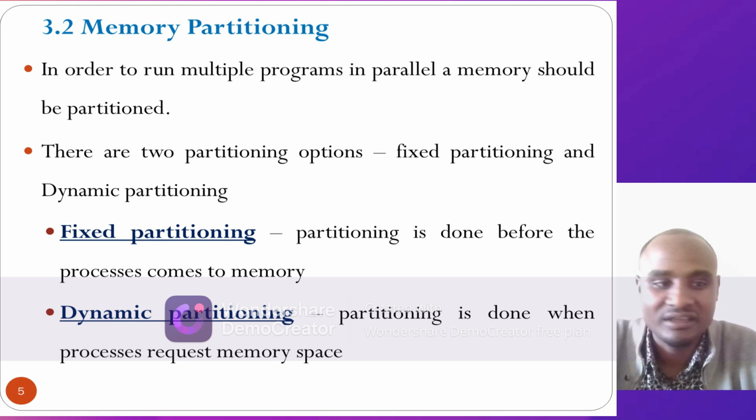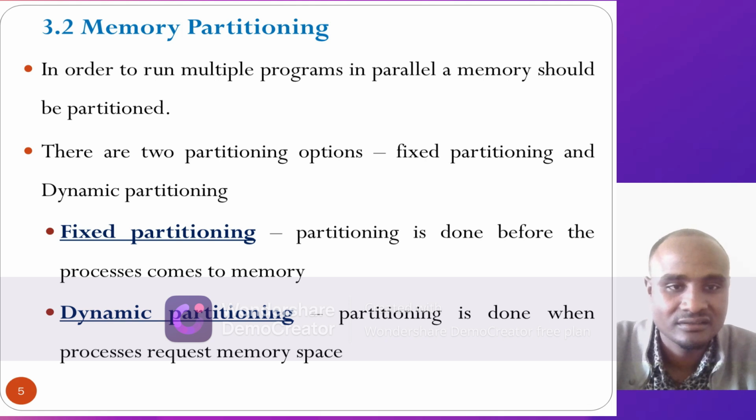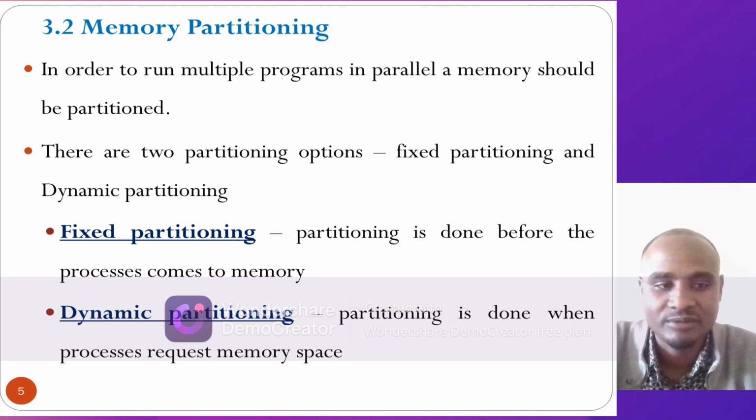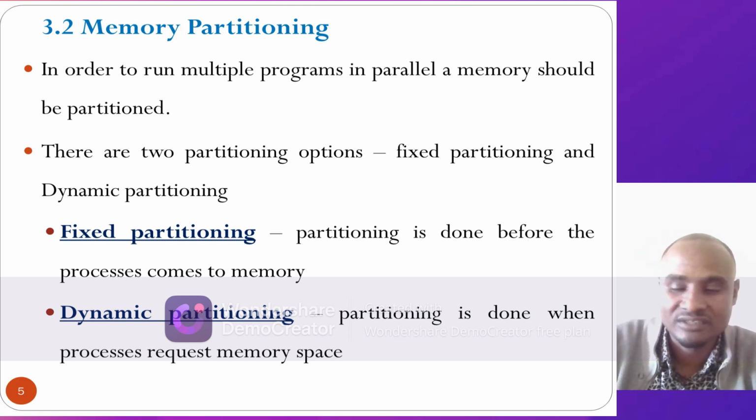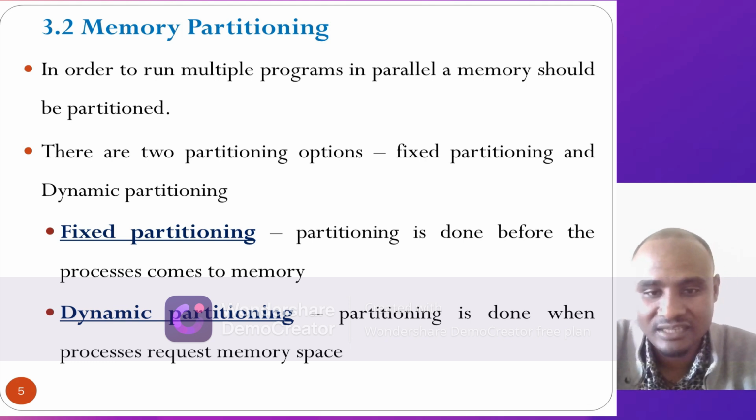Partitioning of memory is one of the techniques applied in operating systems. In order to run multiple programs in parallel or simultaneously, memory should be partitioned. There are two partitioning options here: fixed partitioning and dynamic partitioning. Fixed partitioning means partitioning is done before the process comes to memory.